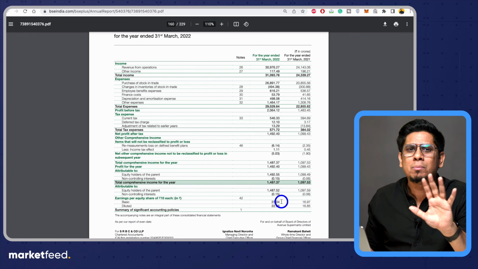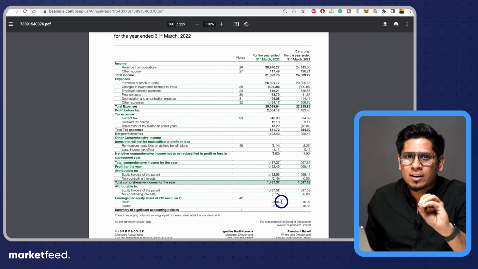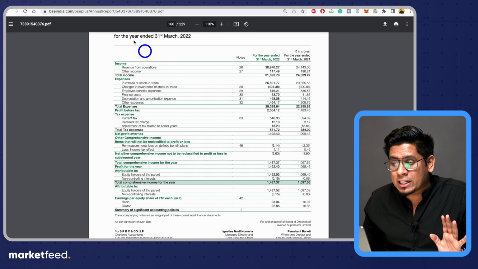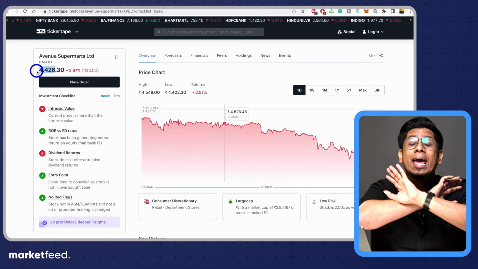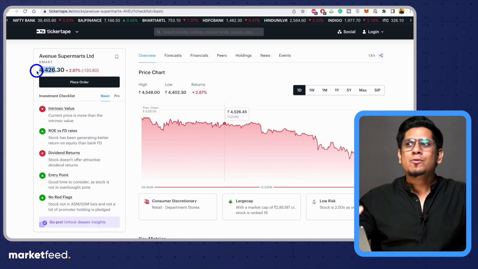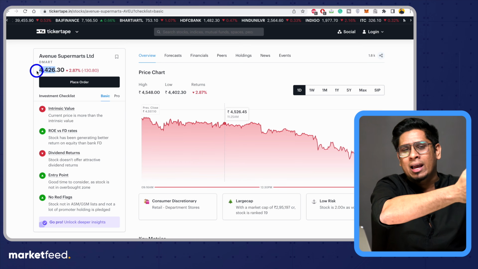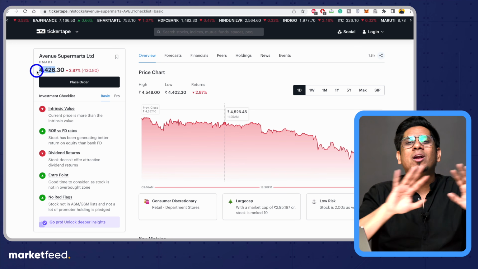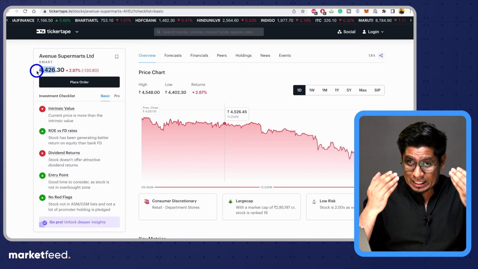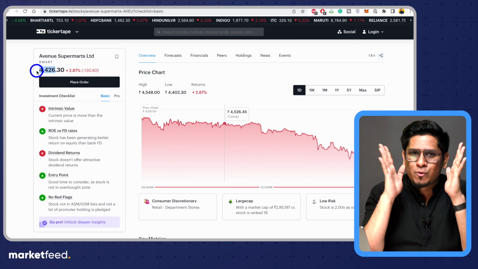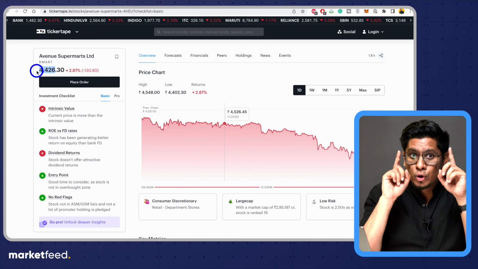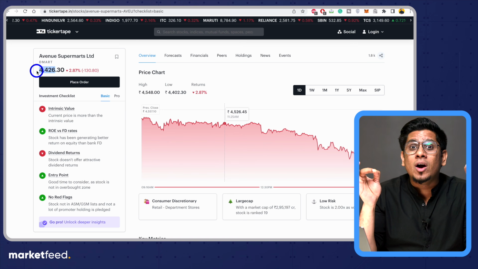Now you tell me as a business owner, will you be happy with it? I'll even set you a larger perspective here. You spend 4,426 rupees and buy every share of the company from other public shareholders, from Mr. Damani himself, and you become the sole owner of Dmart. How much money would you be spending there? What is that term called?